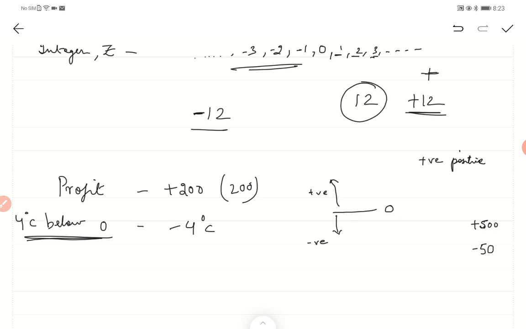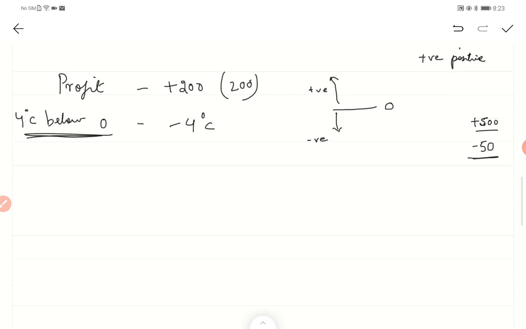So profit will be shown in plus. Loss will be in minus. Something which is a deficit or loss, you will represent in negative. Alright, let's move on.